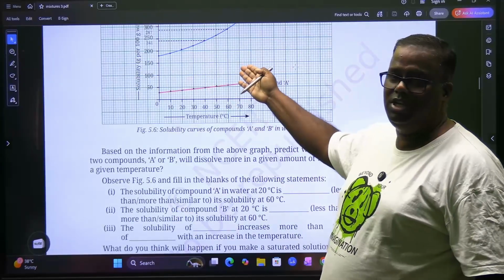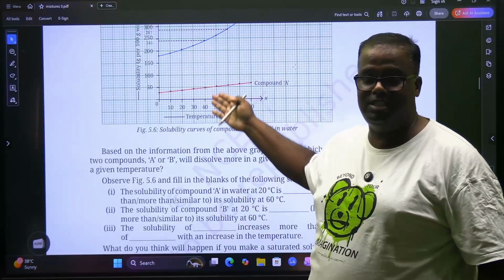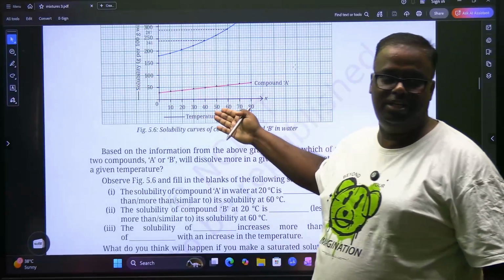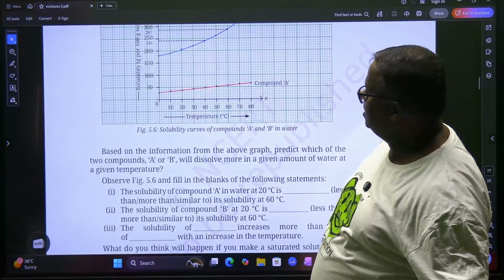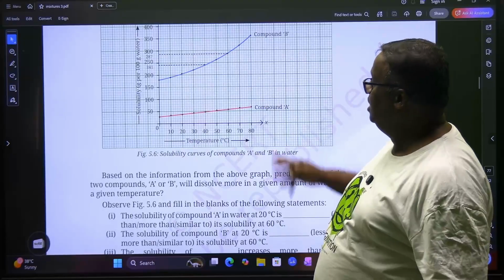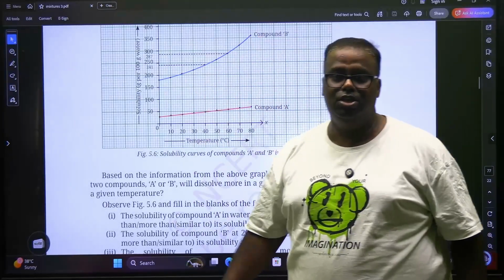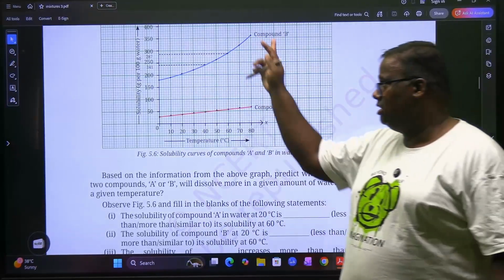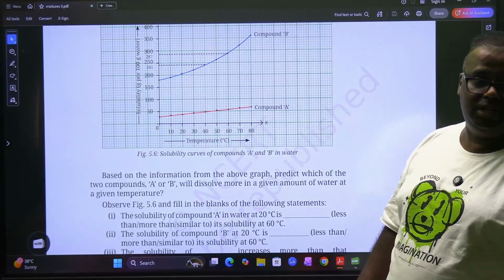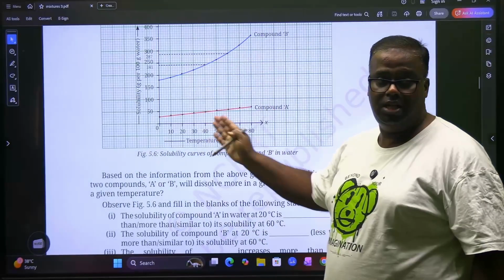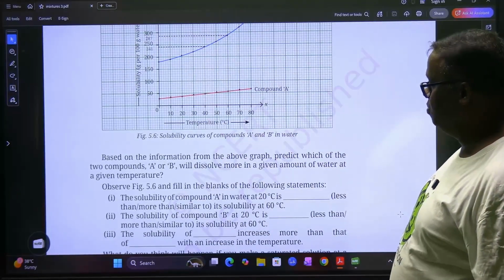What is slope measuring here? Y data over X data. Grams per degree centigrade. So if you look at the slope here, look at the two graphs. If two children sit on these ladders, which child will slide down faster? This child will slide down. Here the slope is much more. So the solubility per degree is much, much more here as compared to here. Okay. These were the three questions.